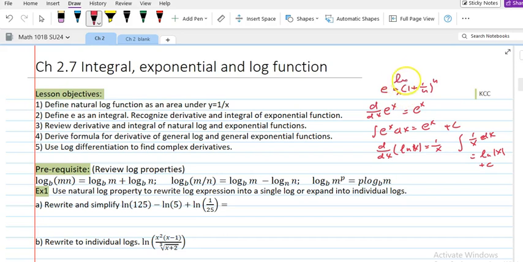Actually it's a limit. When we add a little bit of stuff, but then do it a lot, then we say that is e, and we use this number.